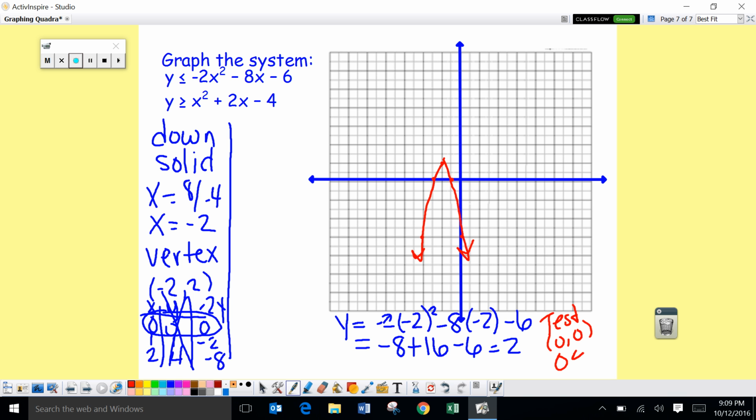Is 0 less than or equal to negative 6? No. So we are not going to shade on the outside of the parabola. We are going to shade on the inside of the parabola.